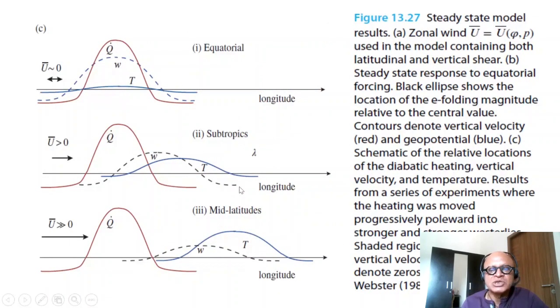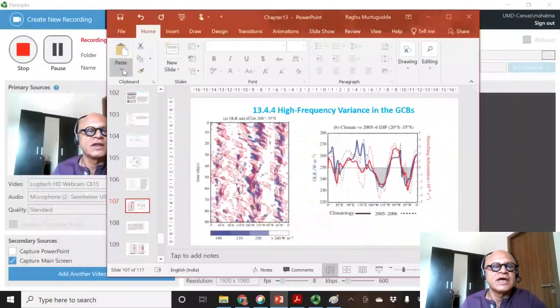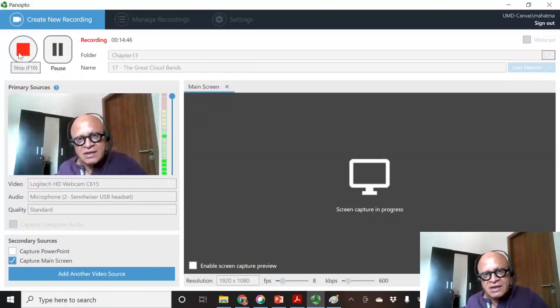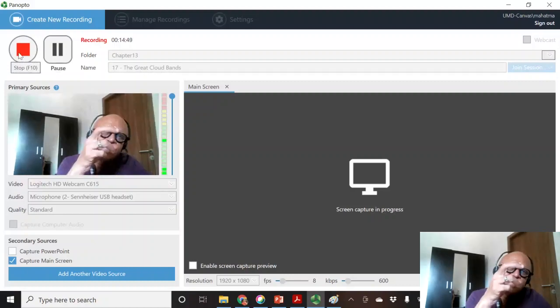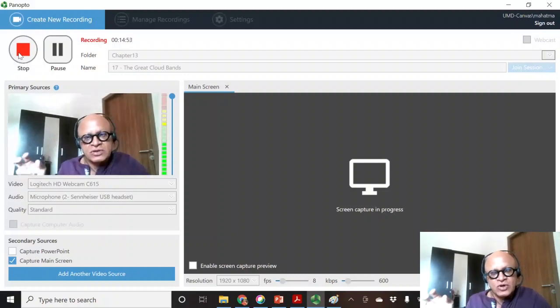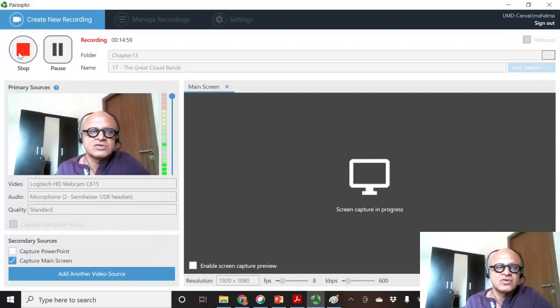So does it say much about the orientation? Not really. It just tells you that the heating is mainly in the equatorial region with convection happening along the band, but the background state and the temperature responses differ and the balance terms differ as you go to higher latitudes from the main source of heating.